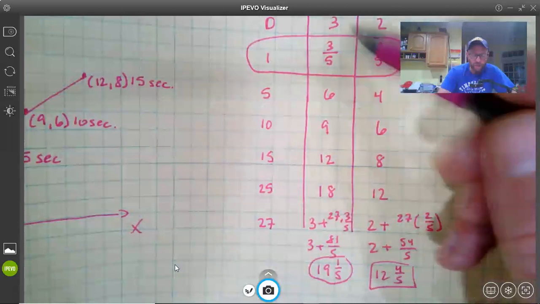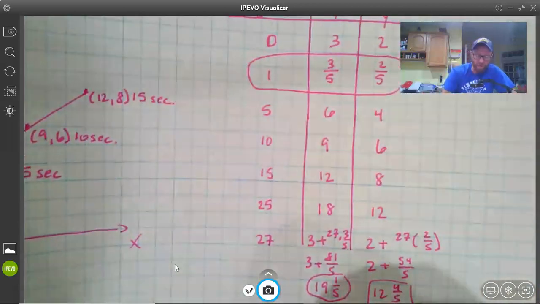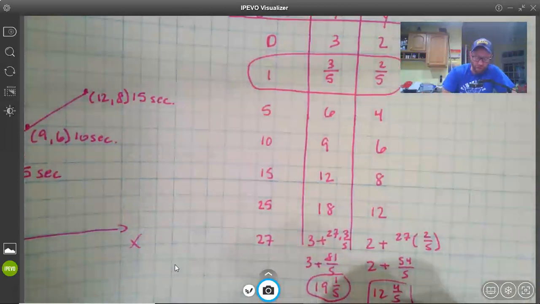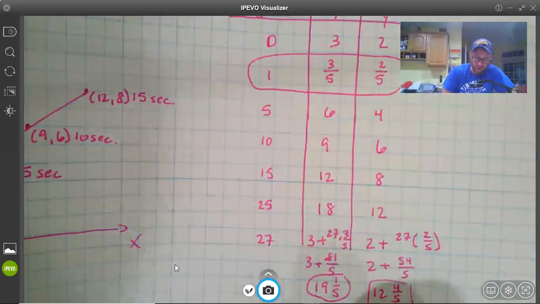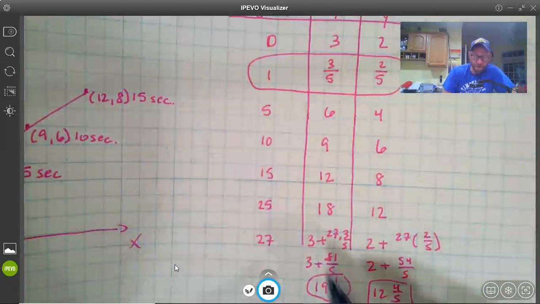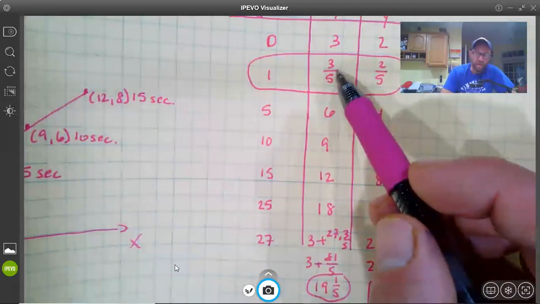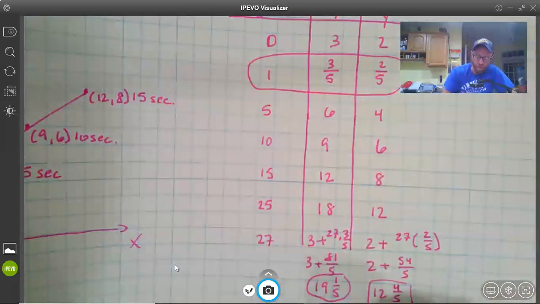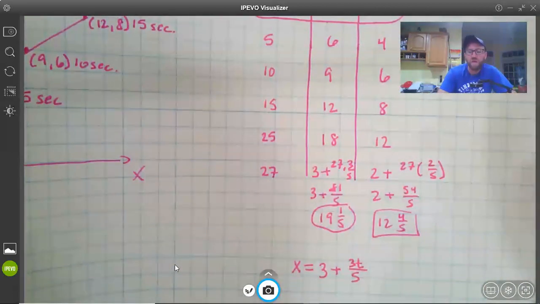Now notice, we now have enough to put together a formula for this. So our x coordinate at any time is going to be equal to our starting x coordinate, which was 3, plus t, our time in seconds, times that many increments of 3/5. So we could write it as 3t over 5, or 3/5 t.